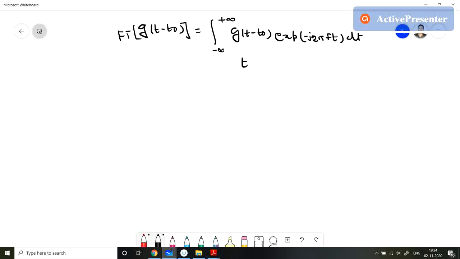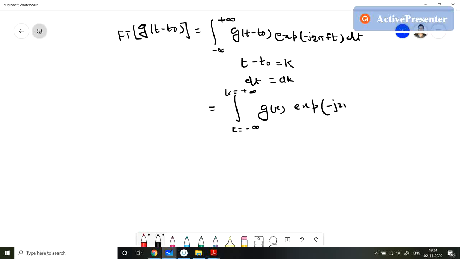Let t minus t naught equal k, then dt equals dk, and the limits change from k equal to minus infinity to k equal to plus infinity, g(k) exponential minus j 2 pi f (k plus t naught) dk.